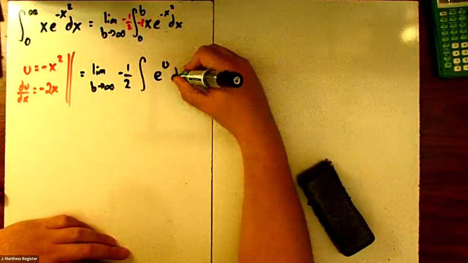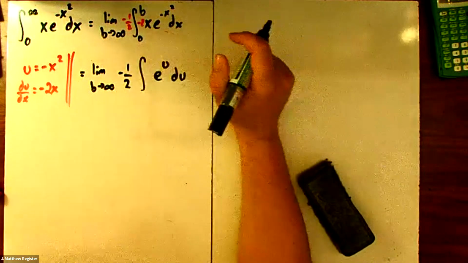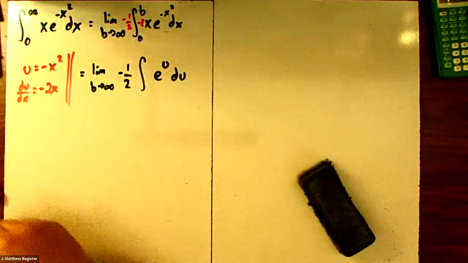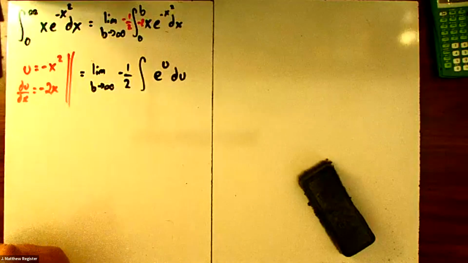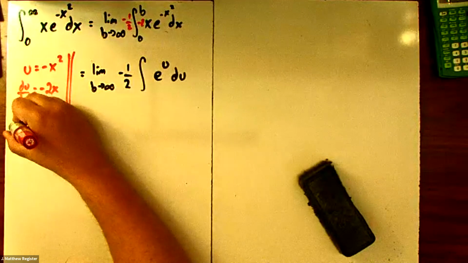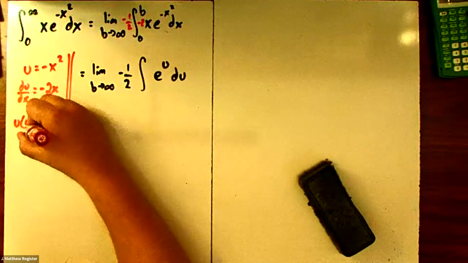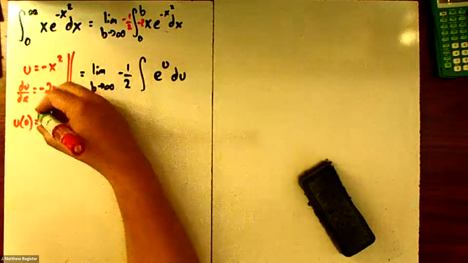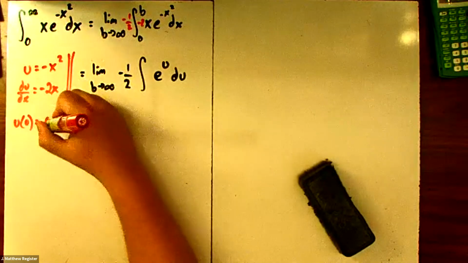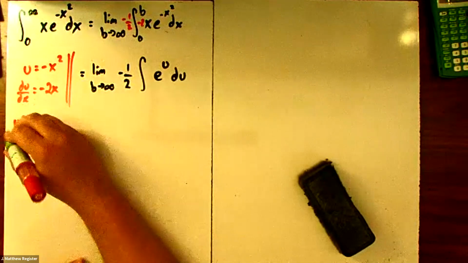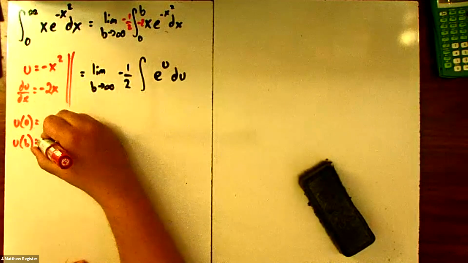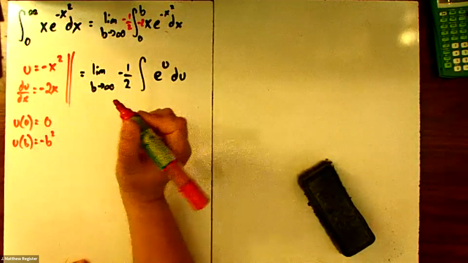And if we wanted to, we could change the limits of integration. So u of 0 is going to be negative 0 squared, which is just 0. And then if we were to plug our b in, that's going to give us a negative b squared.